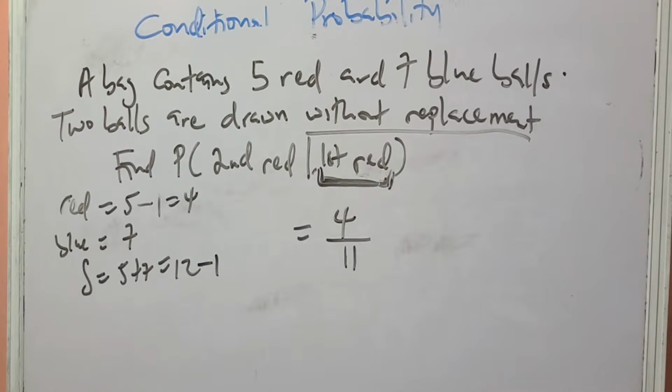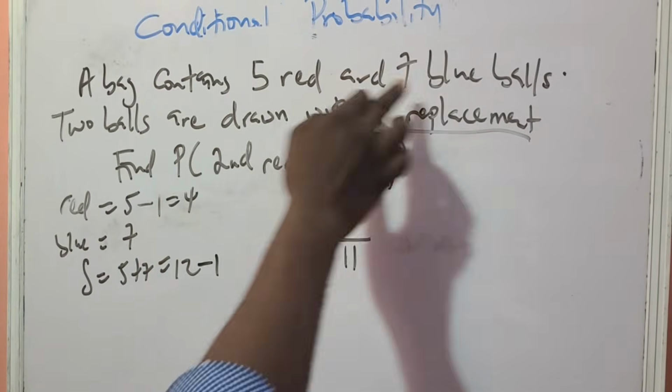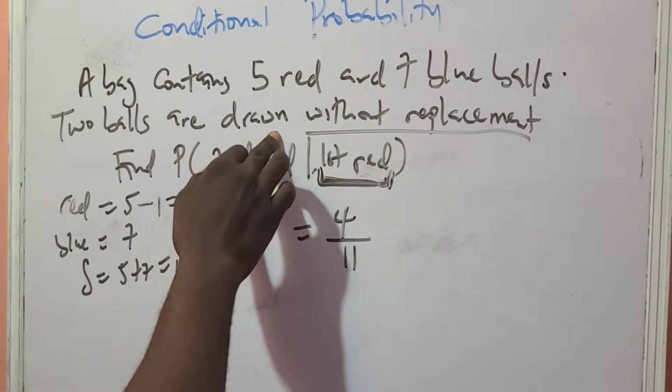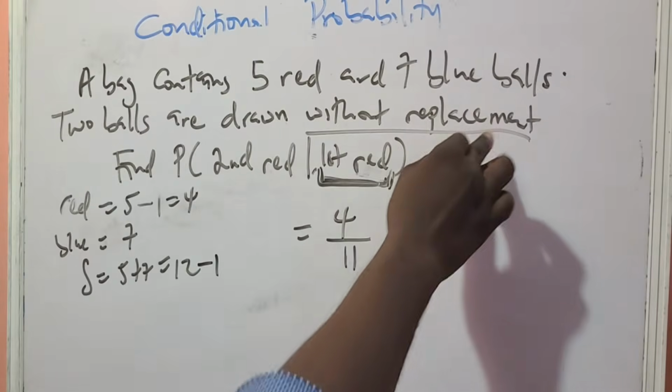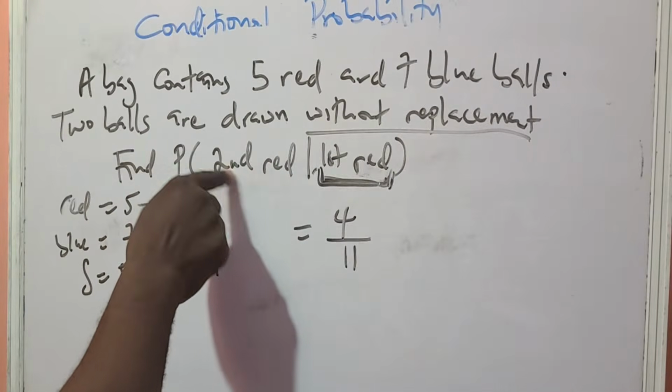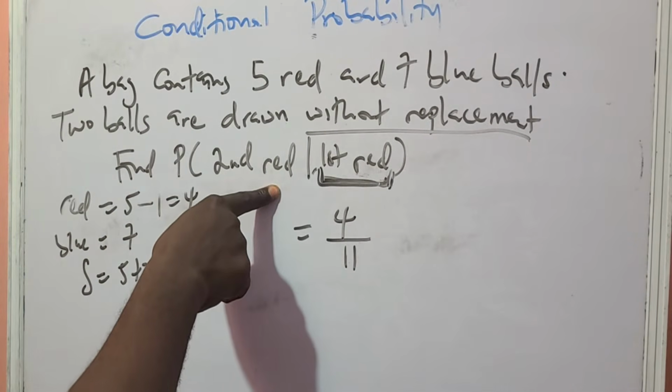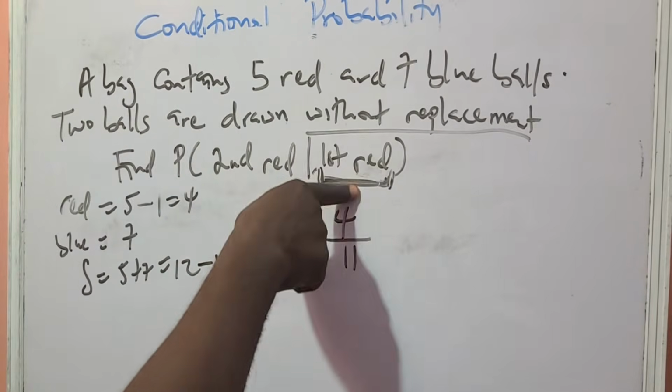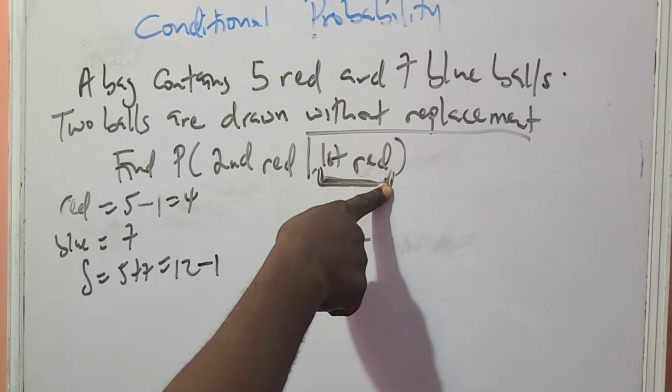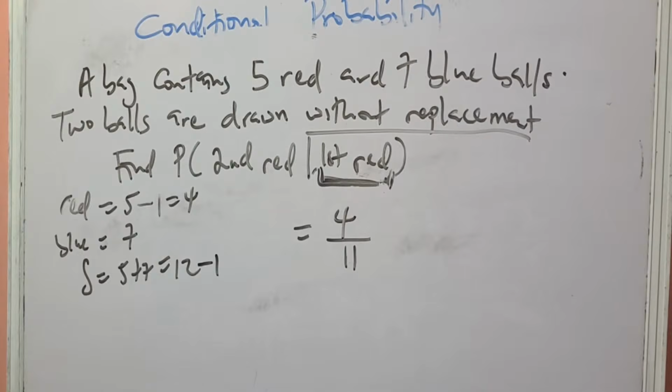You have to be very, very intelligent. Read through all the question. A bag contains 5 red and 7 blue. 2 balls are drawn without replacement. Key: without replacement. Find the probability that the second was red, given that the first was red.